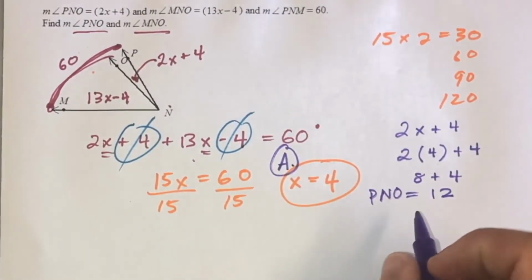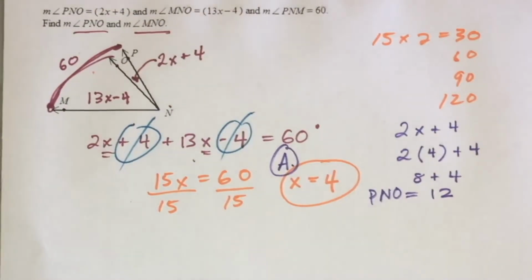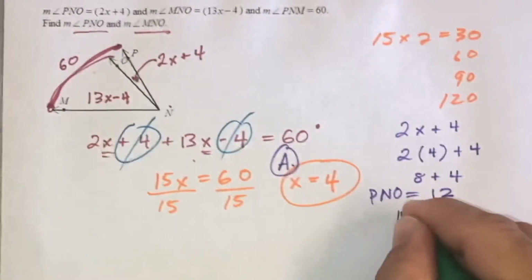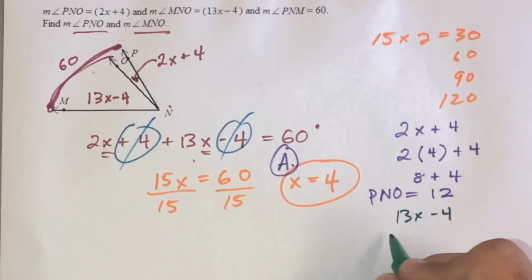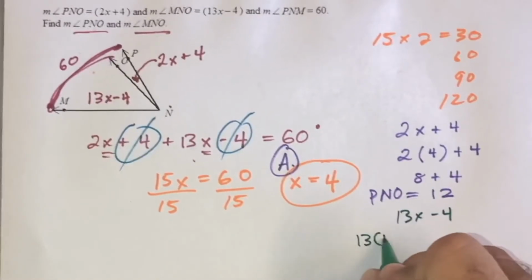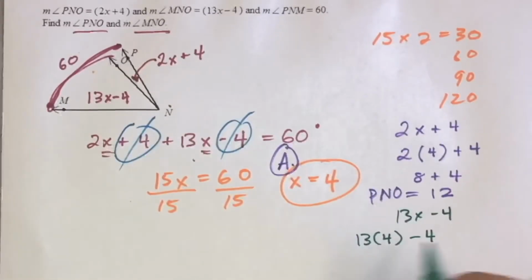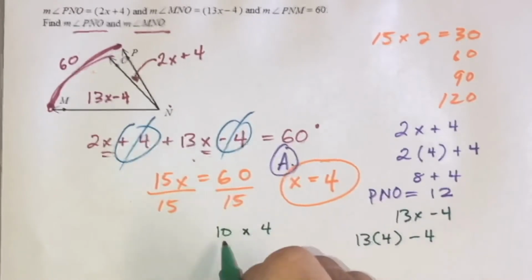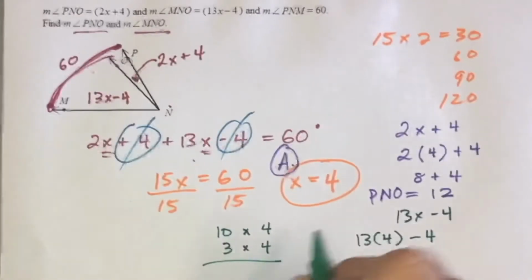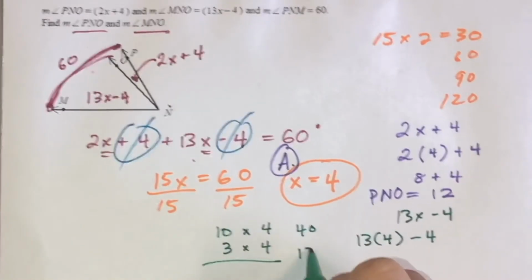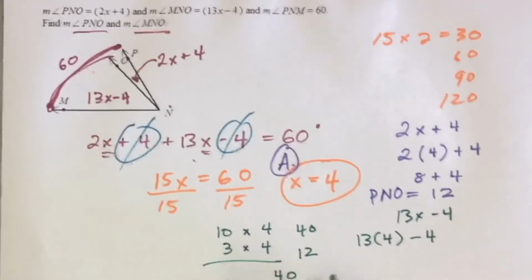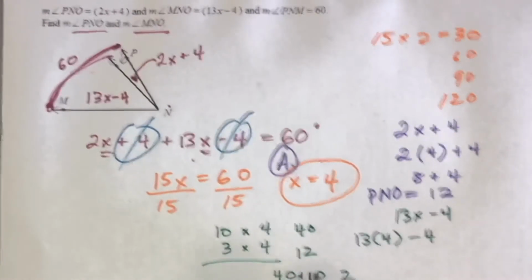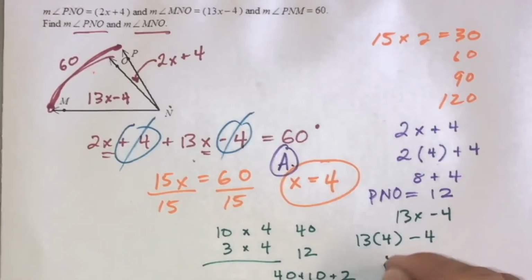And then they ask for the 13x minus 4, which is 13 times 4. What I do here is I do 10 times 4, 3 times 4, and I get 40 and 12, so 40 and 10 and 2, and I get 52 when I do that.